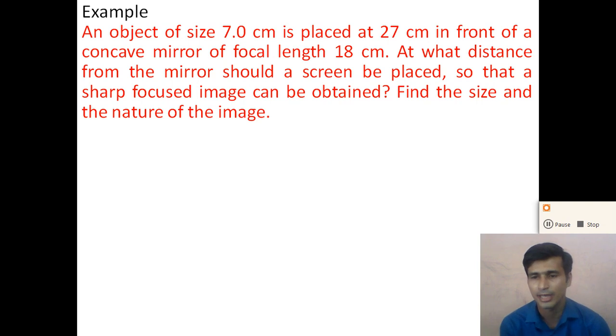If the magnification is negative, the image is real and inverted, right? And if the magnification is less than 1, the image is smaller than the object, and if the magnification is greater than 1, the image is larger than the object. And from this calculate the height of the image.